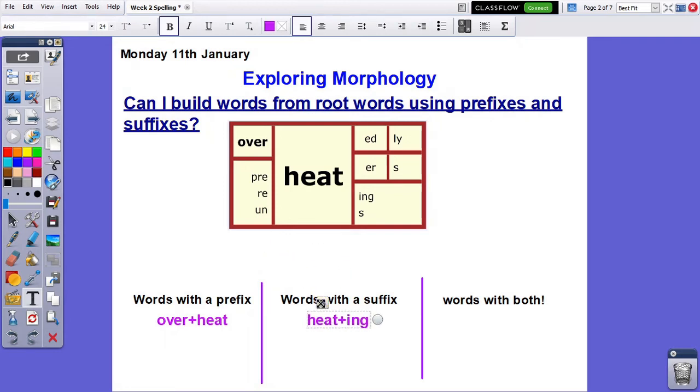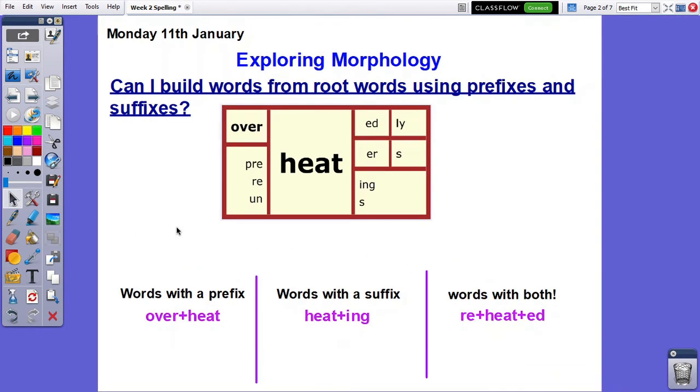So there is heating. Can I think of a word with both? Well, let's have a little look. I might use one of these prefixes. And I might say, let's go with reheat, add ed, so make it past tense, so reheated. I reheated the leftovers in the fridge.